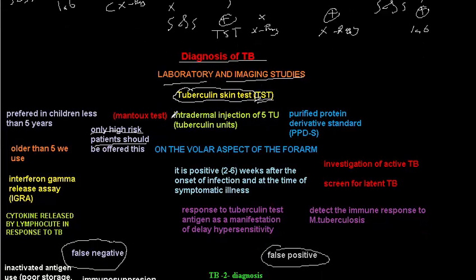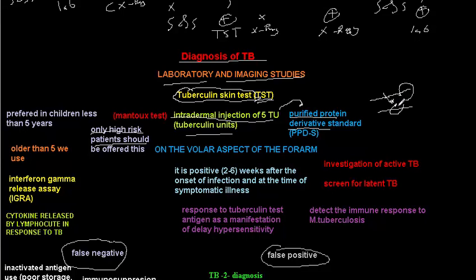This test is done by intradermal injection of 5 tuberculin units. So you inject tuberculin units below the skin, and the tuberculin unit is purified protein derivative. So you inject the antigen of tuberculin, and you expect the body to respond to this weak antigen.